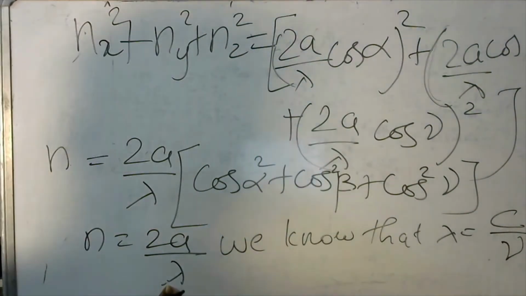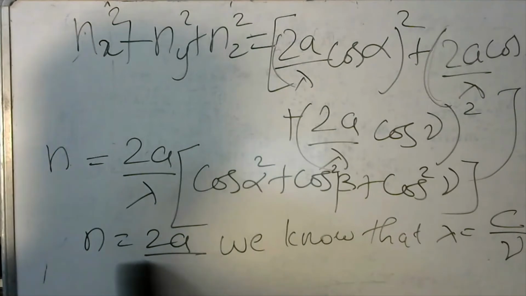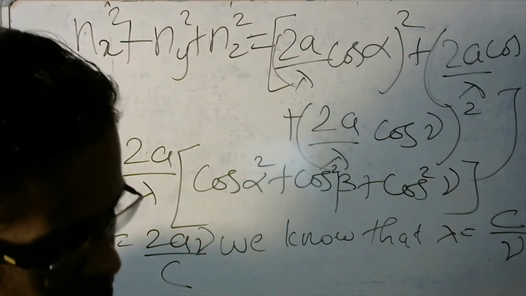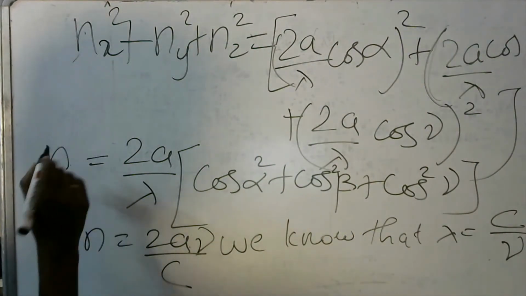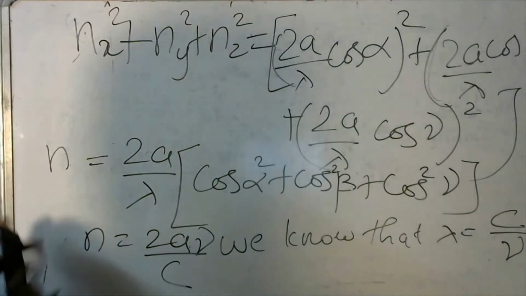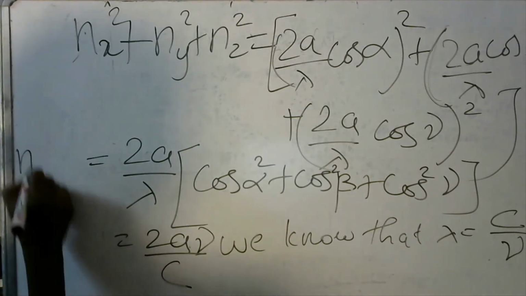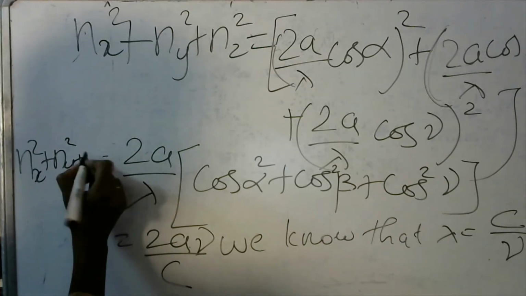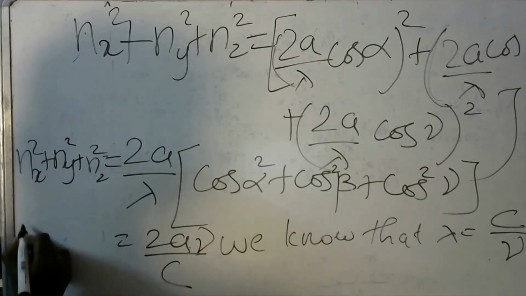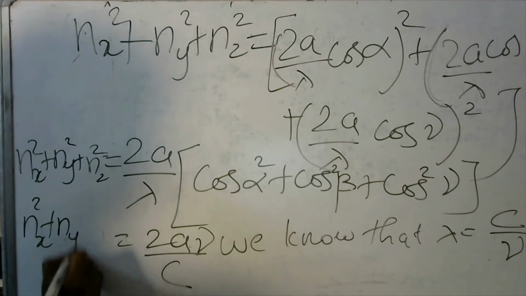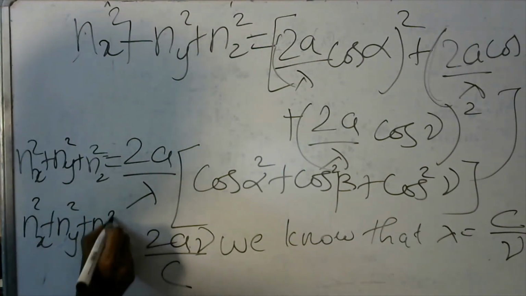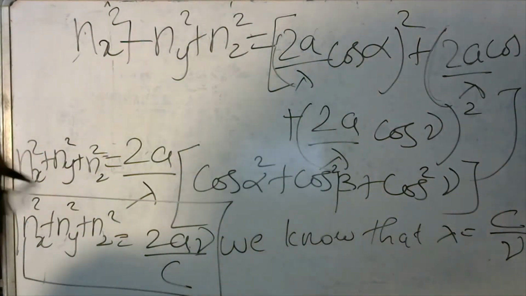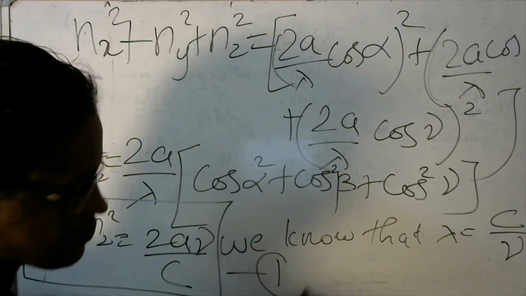So substitute that value here. So lambda, I'm going to replace it as c by nu, and nu will come in the numerator. So nx square plus ny square plus nz square is equal to this. Box this equation and give an equation number as 1.